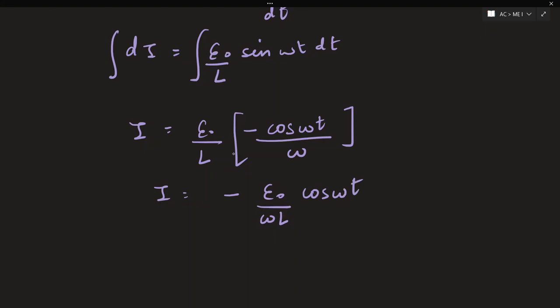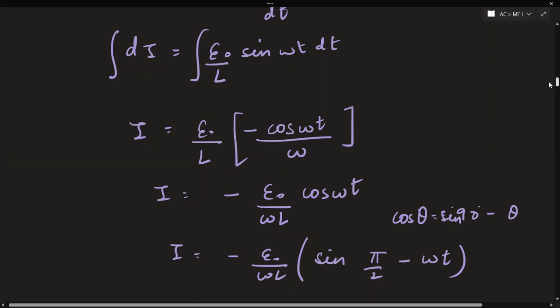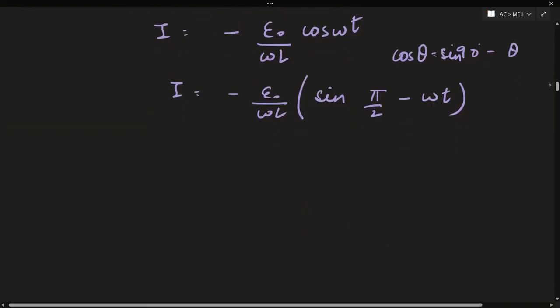Now see class, cos theta is equal to sine of 90 minus theta. So this cos can be substituted as sine of 90 minus omega t. This can be written as minus E naught by omega L sine of pi by 2 minus omega t. Now, minus sine theta can be written as sine of minus theta. That is one more trigonometric identity that can be applied.